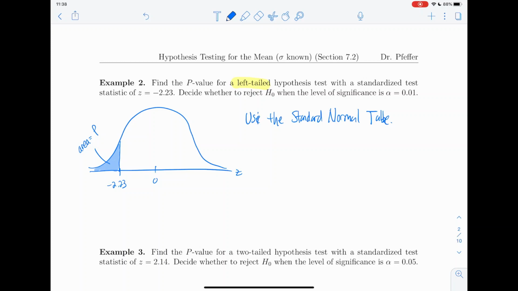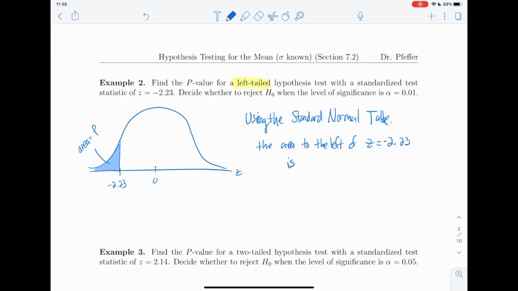Using the standard normal table, the area to the left of z equals negative 2.23 is, now in the past I actually went down to the normal table and showed us how to go through this process, but at this point we've done this so many times, I'm simply going to state the values, and you're encouraged at home to confirm for yourself by looking at the table that indeed this is the value we should be getting.